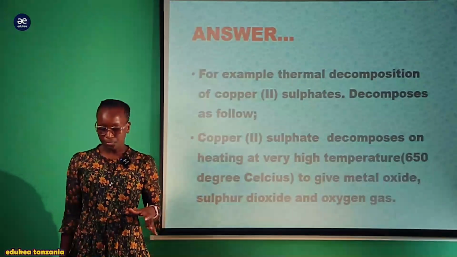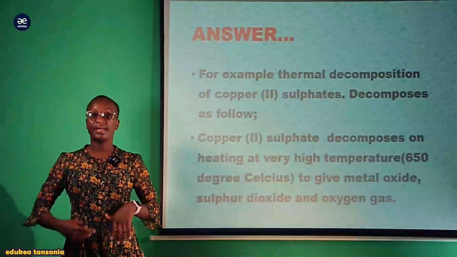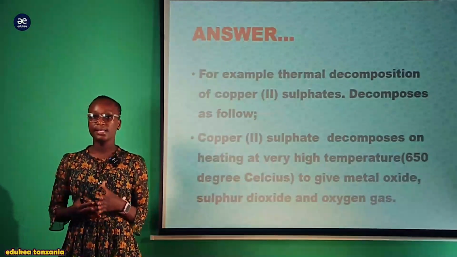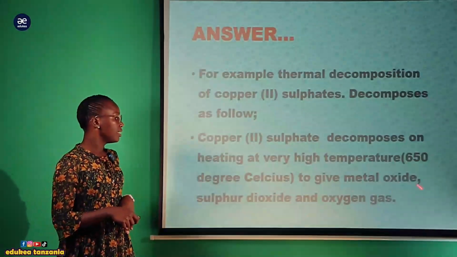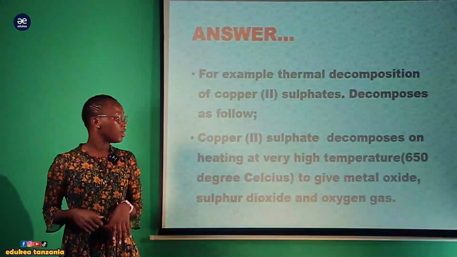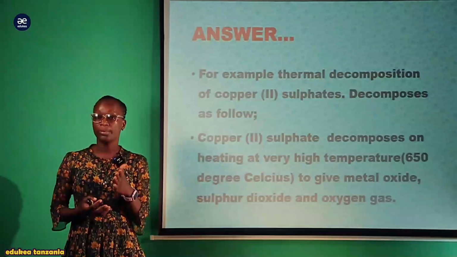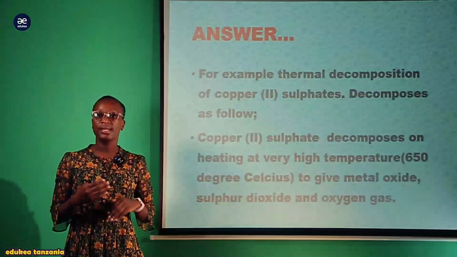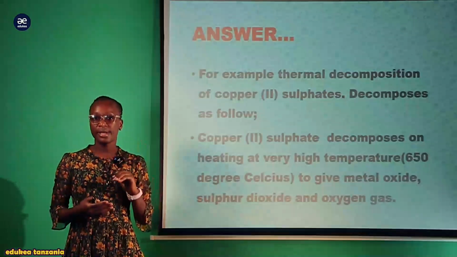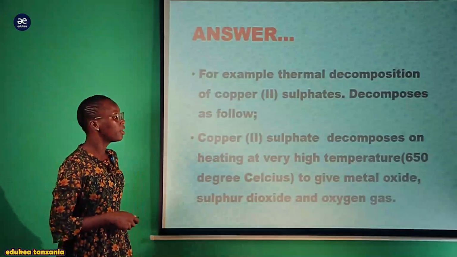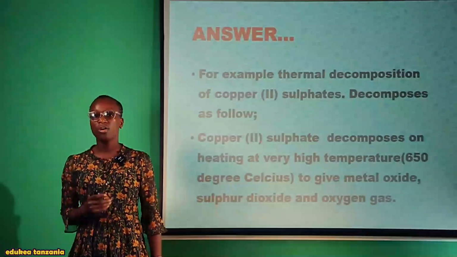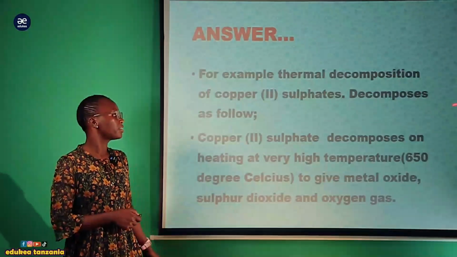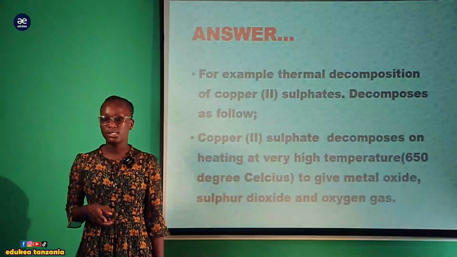Kwamba this copper 2 sulfate akidecompose katika heat source tunaenda kupata this metal oxide, tunaenda kupata sulfur dioxide, vile vile tunaenda kupata oxygen gas. Na this reaction usually ina take place katika high temperature, very high temperature ambayo ni 600 mpaka 800. So obviously unaweza ukaapproximate hapo ukapata 650 degrees Celsius.